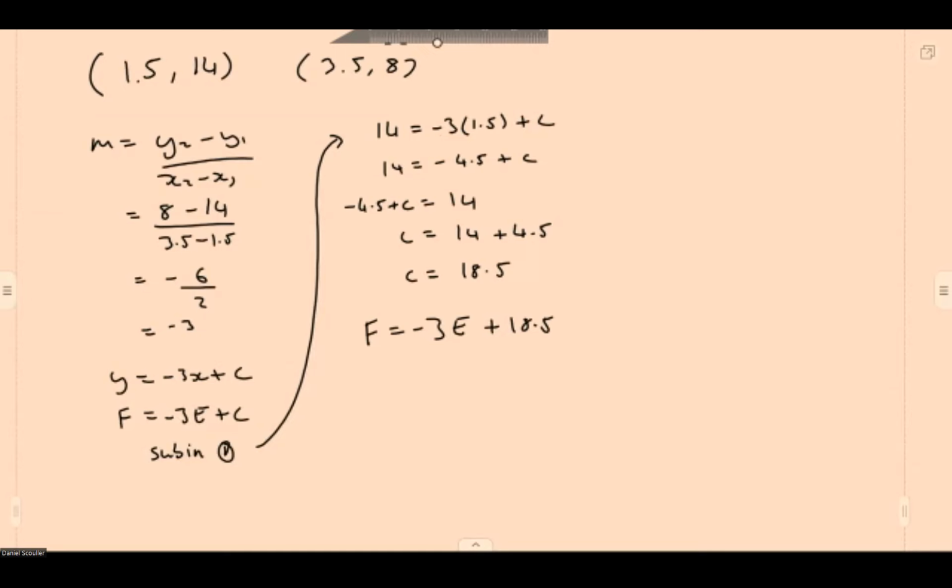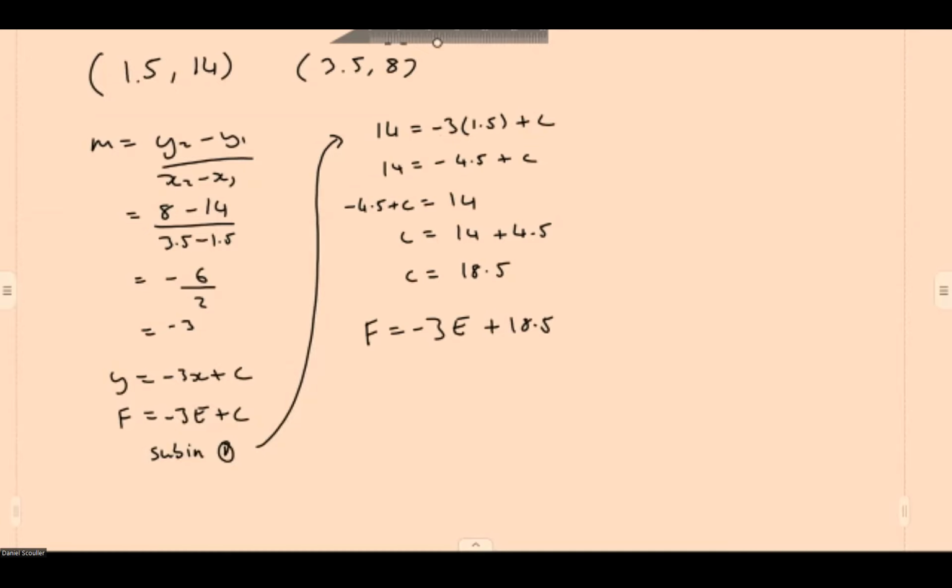That's how fast you should do it in the exam. That's what I talked through, so that's me just writing that out. So fuel consumption is the F and the E is the engine size.